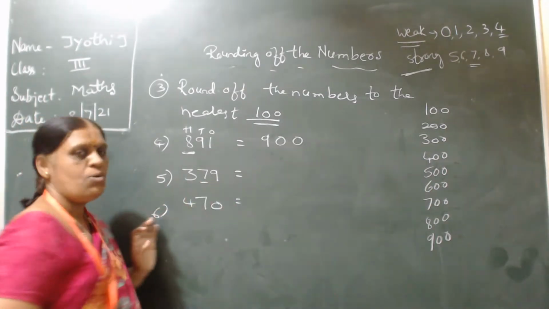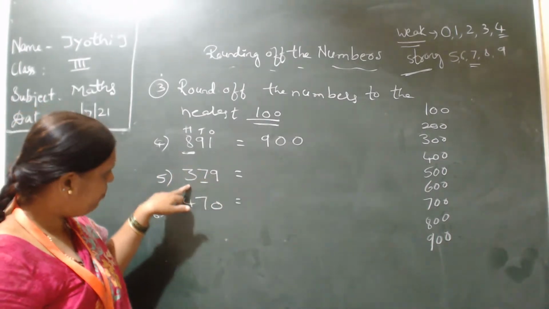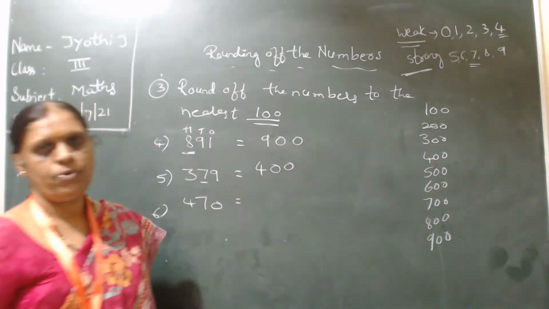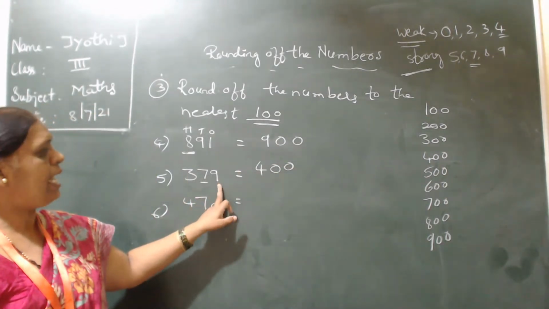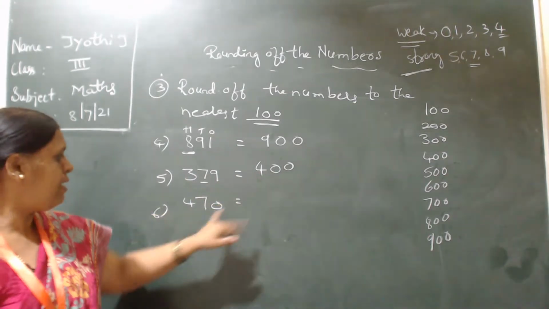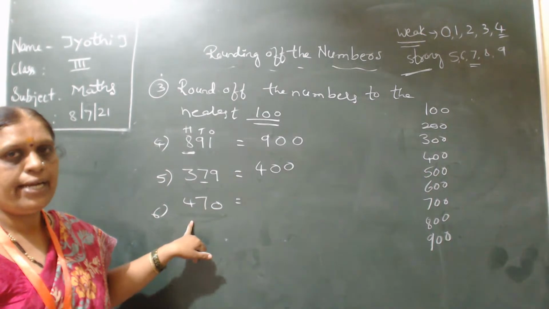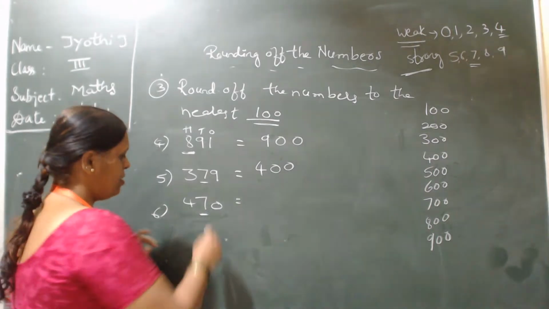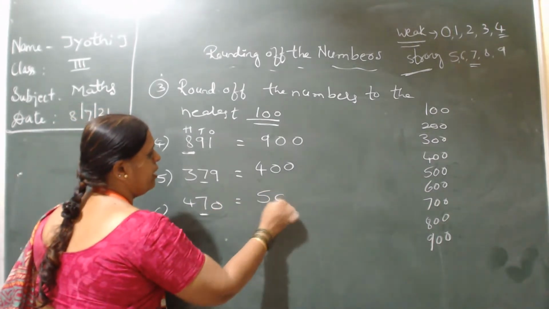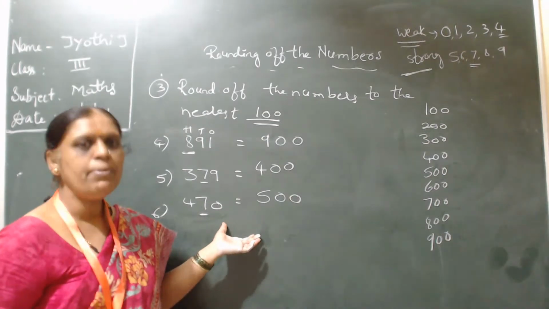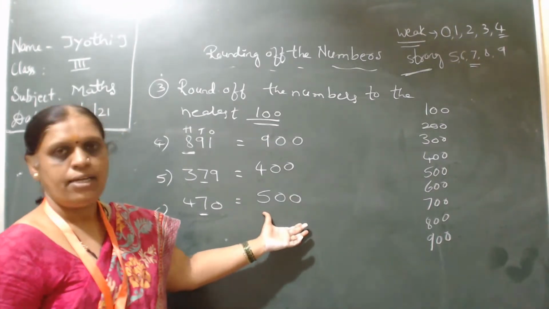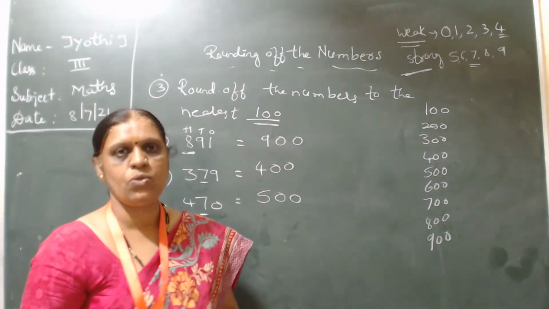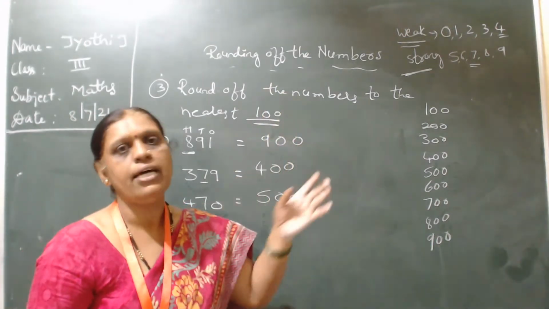This 7 is more than 5, so it pushes this into the next 100. Then this will become 400. 379 will become 400. Then last, 470. So 7 is more than 5, so it turns 4 into 5. So it will become 500. Understand?